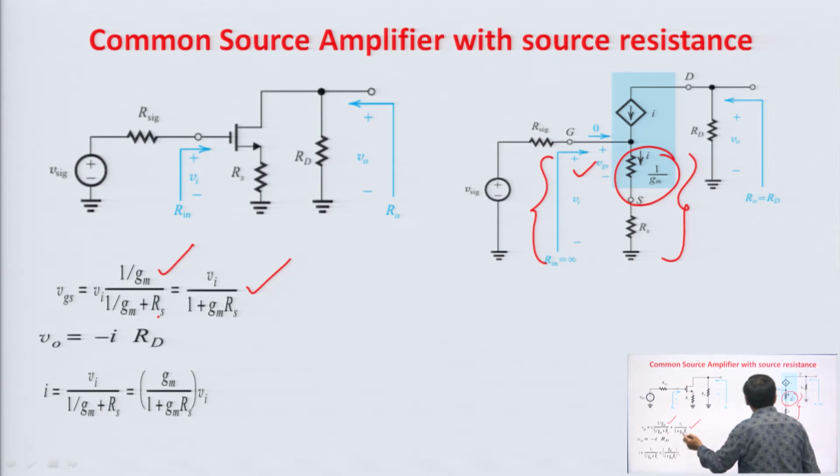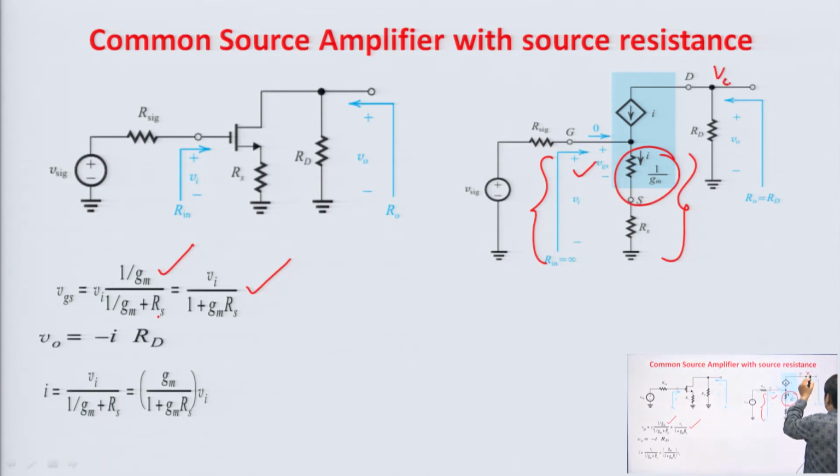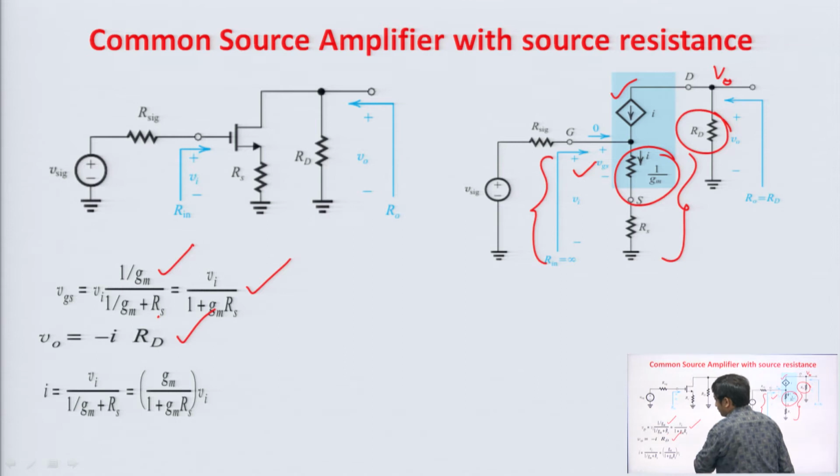Now, what is the value of the output voltage? We have done it earlier also. Since the direction of the current is opposite, V naught will be minus I into Rd. And what is the value of I?